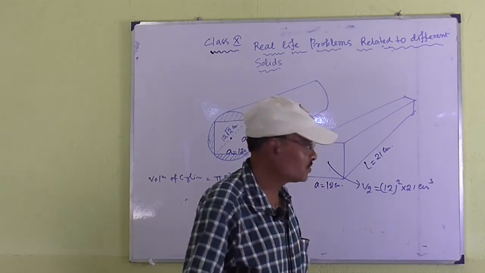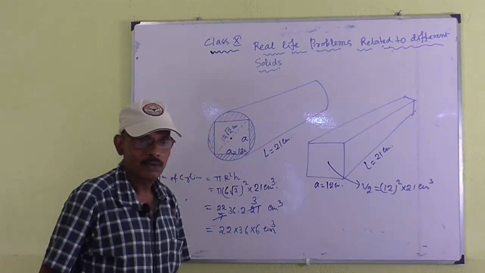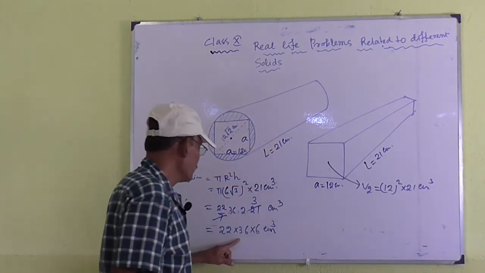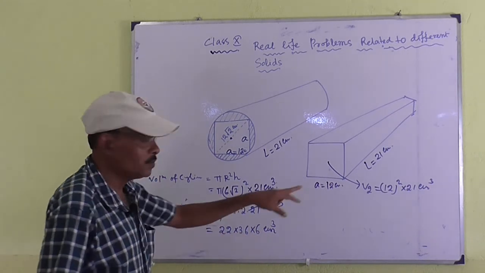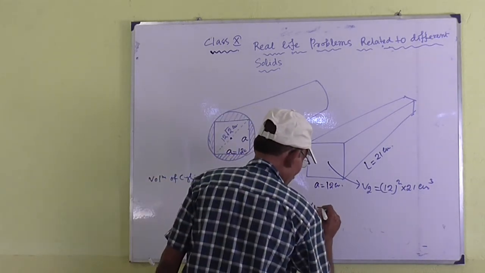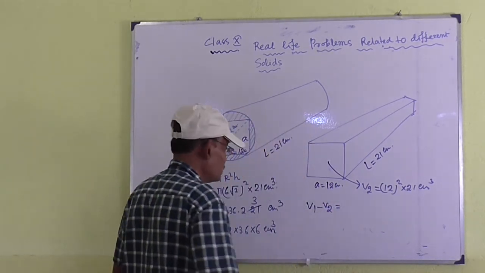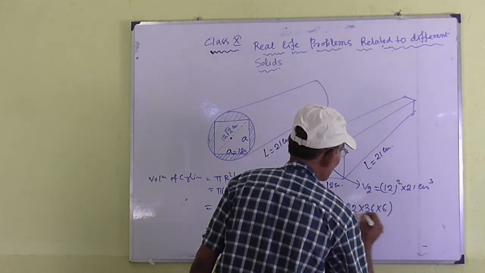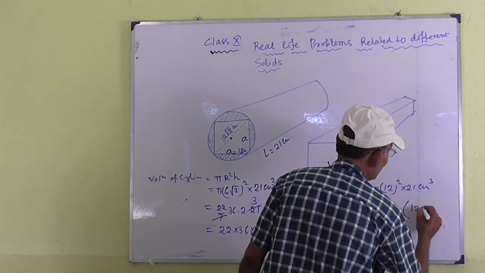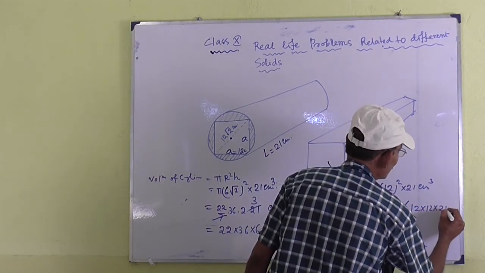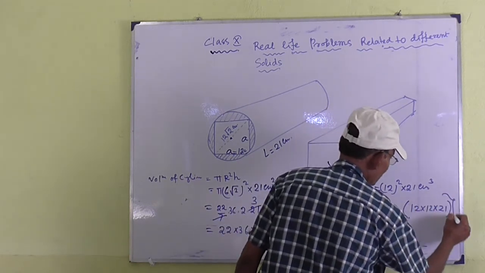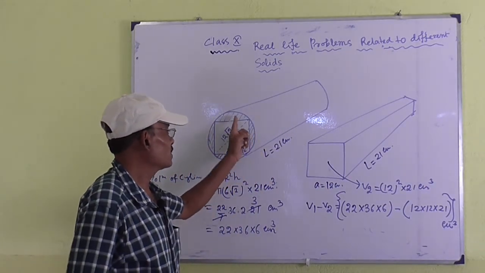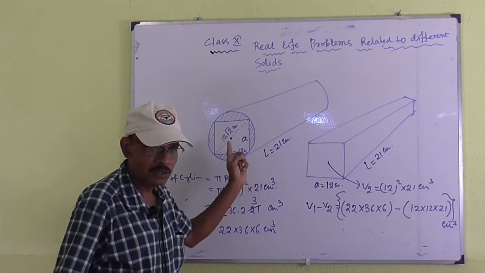The second answer is how much the wastage would be if we subtract V2 from V1. That means 22 into 36 into 6 minus 12 square into 21, total centimeter cube. So we get the volume of this portion.